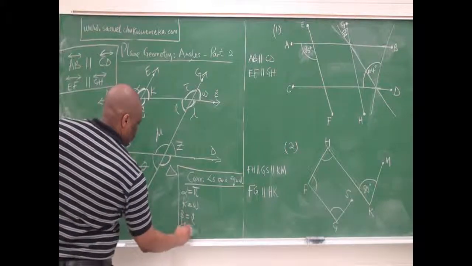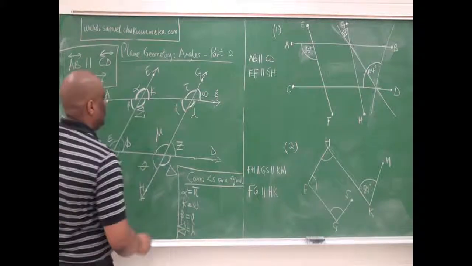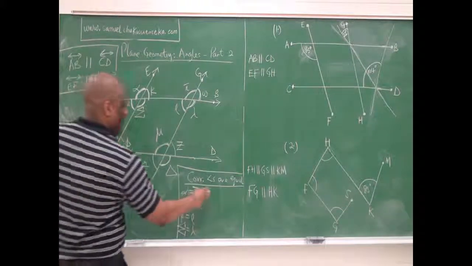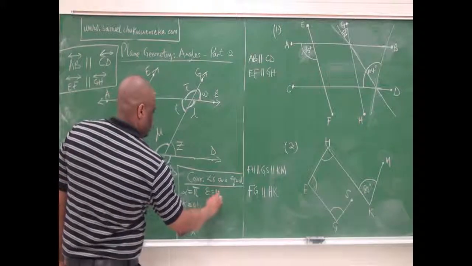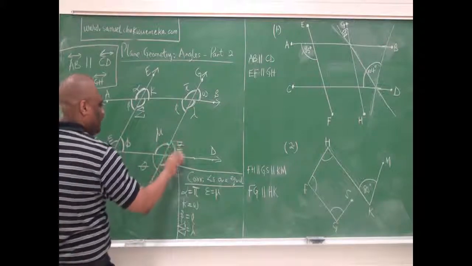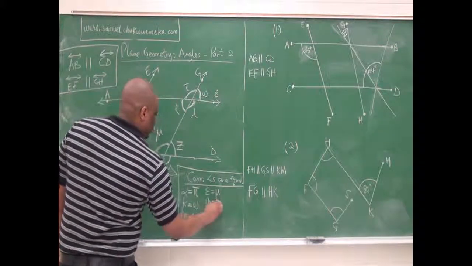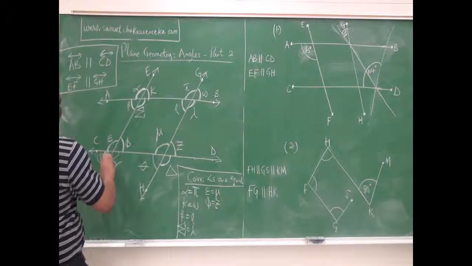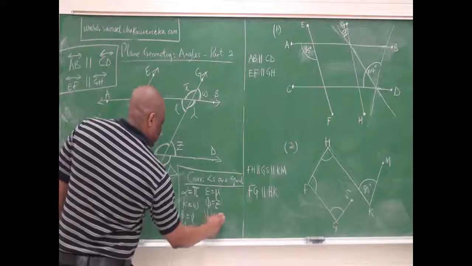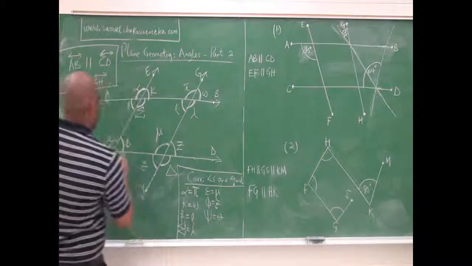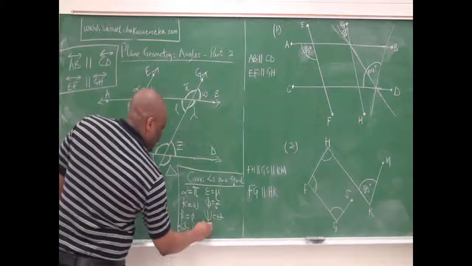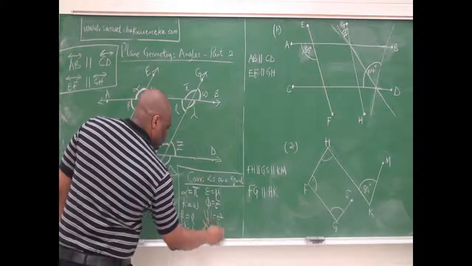Then epsilon is equal to mu. Then phi is equal to zeta. Then psi is equal to theta. Gamma is equal to delta.